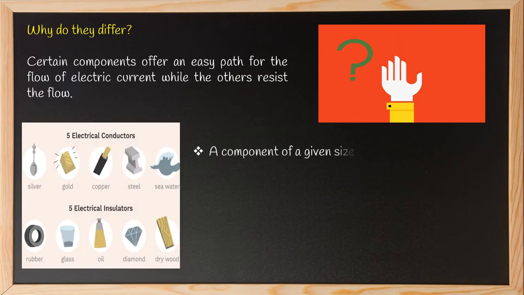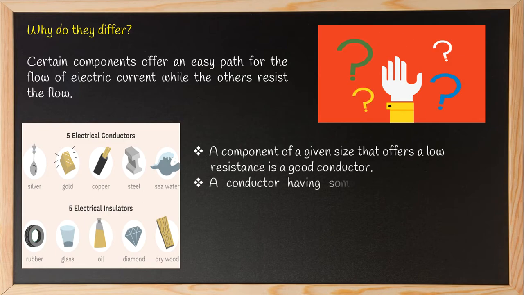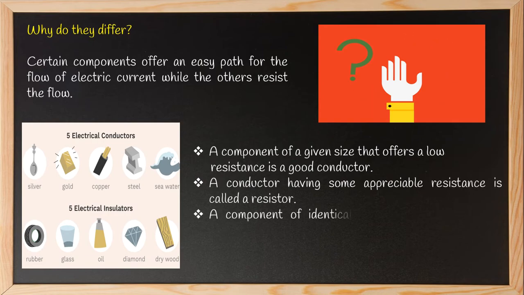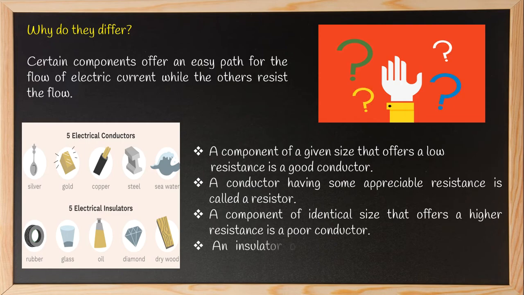A component of a given size that offers a low resistance is a good conductor. A conductor having some appreciable resistance is called a resistor. A component of identical size that offers a high resistance is a poor conductor, and an insulator of the same size offers even higher resistance.